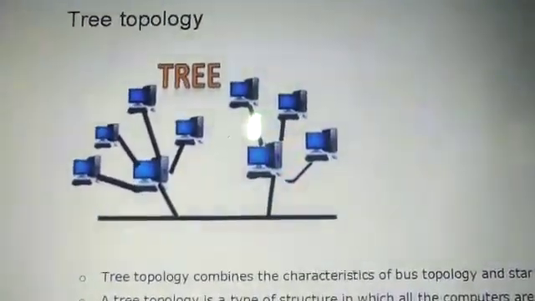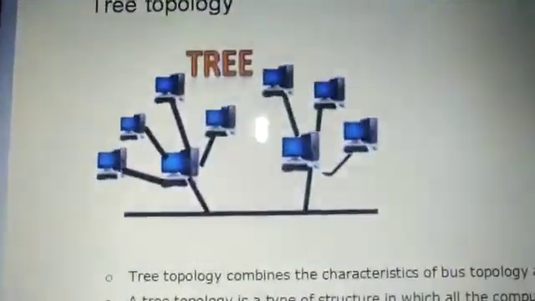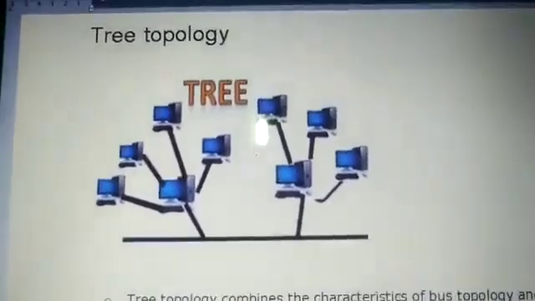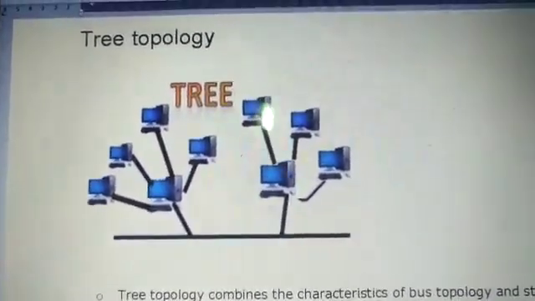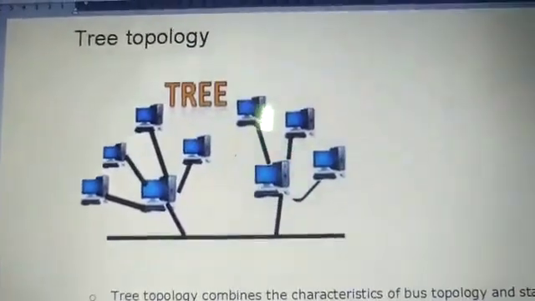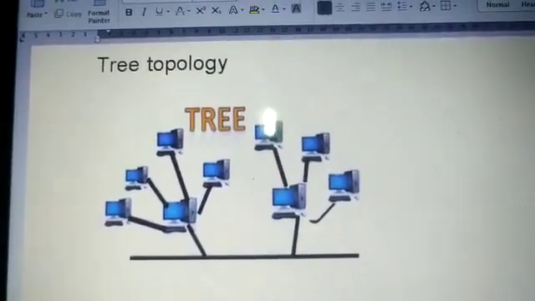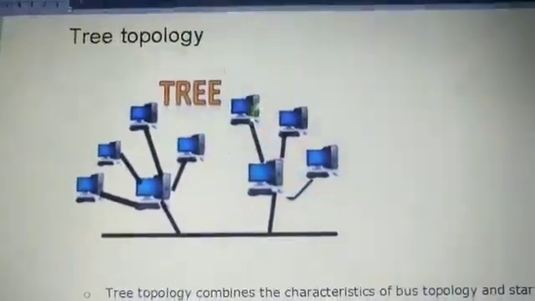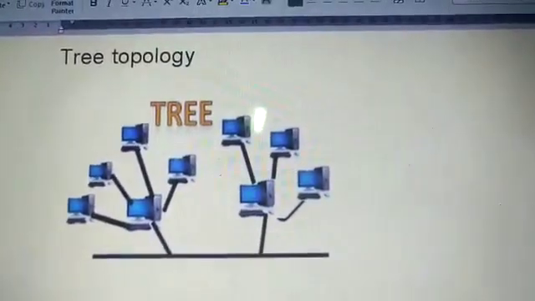In tree topology you can see this is one hub and this is another hub. There can be two or more hubs present over here. So there are many hubs, and that's why the concept of active hub comes into the picture. The central hub in the tree is an active hub.